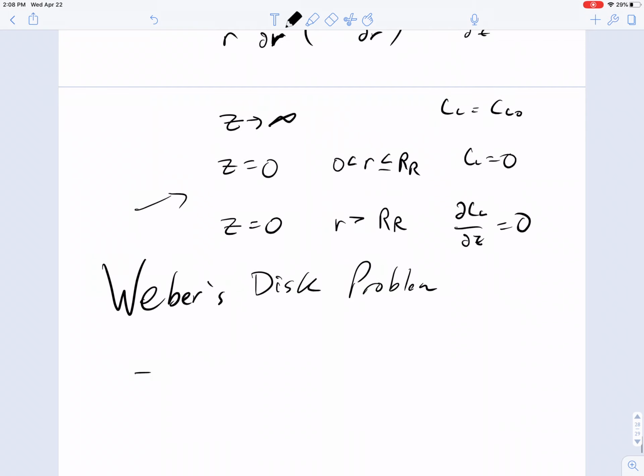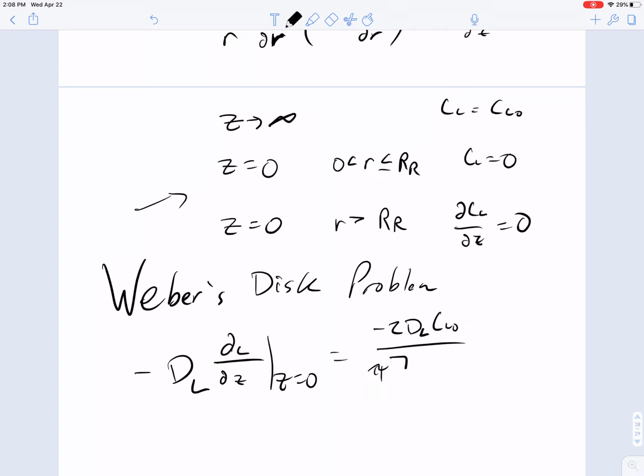What you end up with for the actual diffusion rate, which we'll need later on, is that dCL/dz at z equals 0 equals minus 2 D_L C_L0 divided by pi times the square root of the radius of the receptor squared minus your current radius squared, all if it's in this interval 0 less than or equal to R less than or equal to R_R.